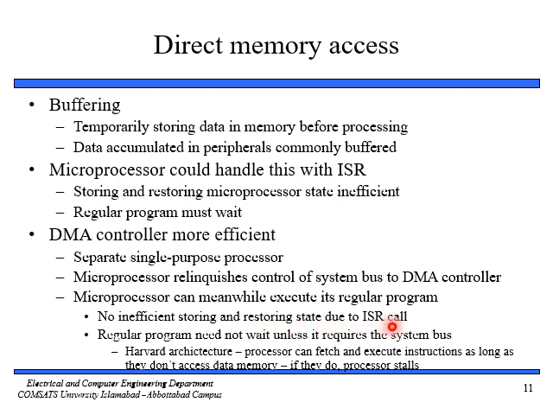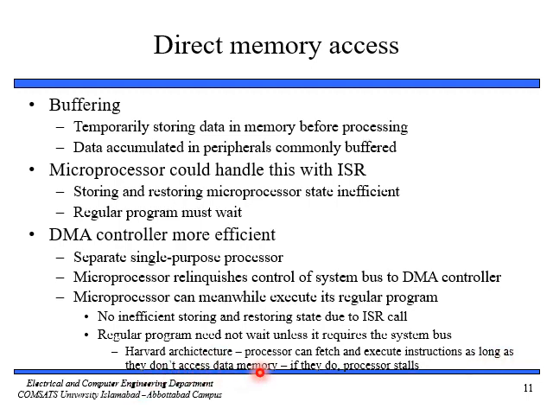So we are not going to store the program counter and registers, and then we are not going to restore those registers and program counter. The regular program need not wait unless it requires the system bus, which is now granted to DMA.